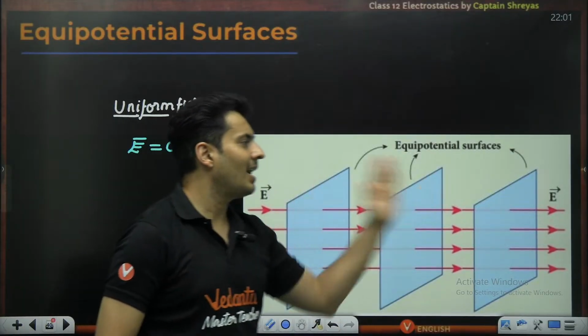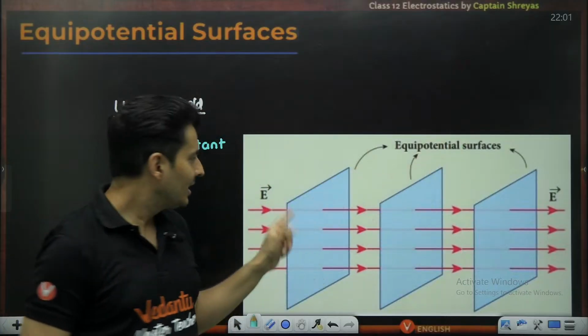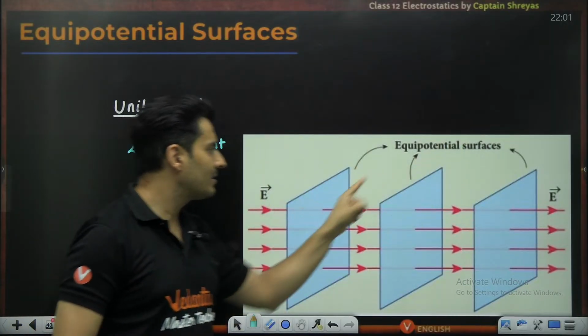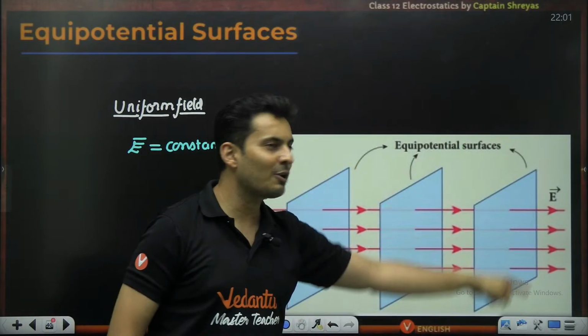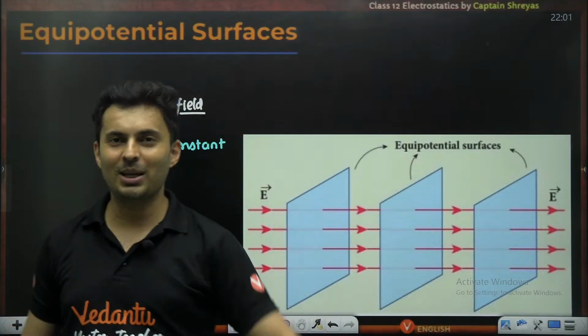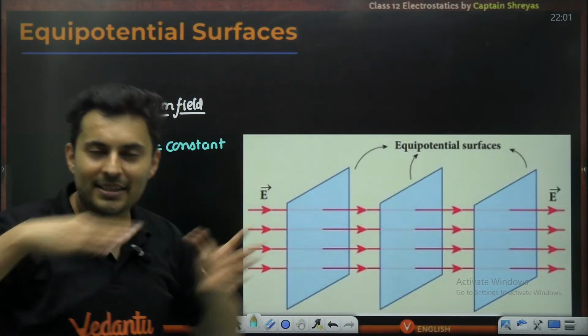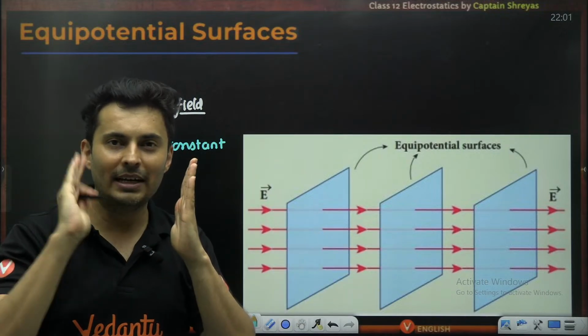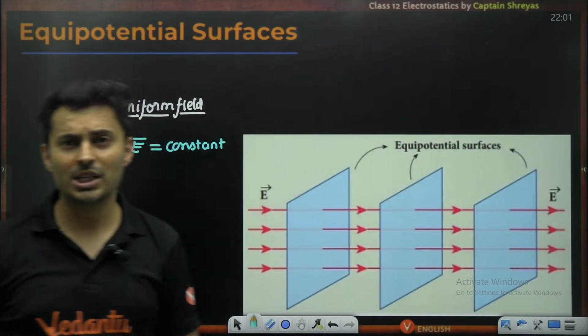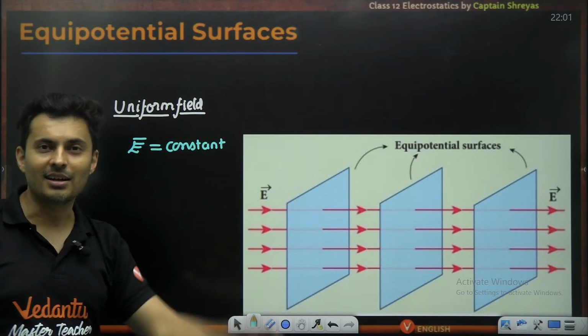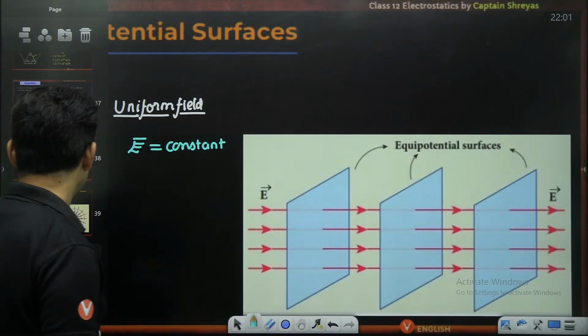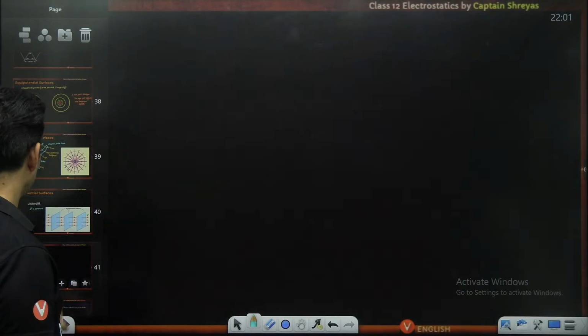Equipotential surfaces are just parallel planes. This is an equipotential plane. This is an equipotential plane. This is an equipotential plane. As simple as that. Okay? Very, very easy. So parallel lines are the fields, so perpendicular to that will be the equipotential planes, one after the other. Very interesting thing to see.